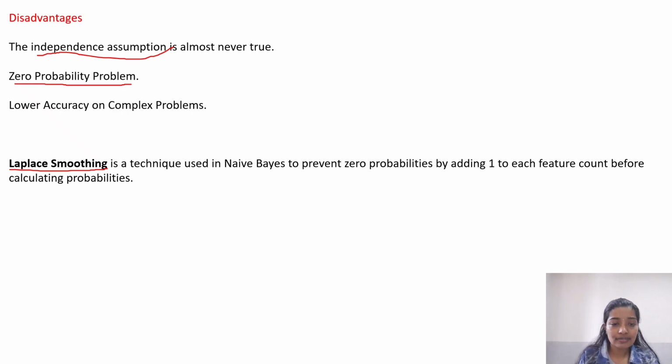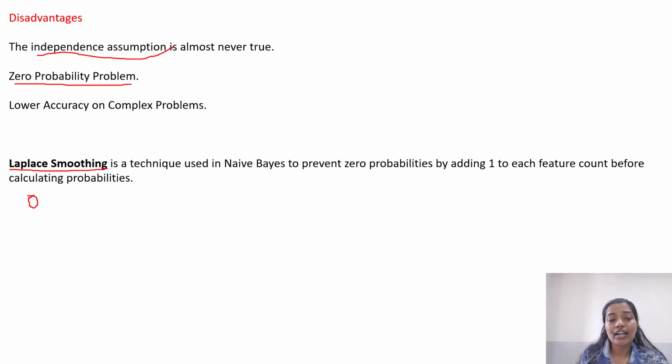So let us say in the example that we considered, it was study and pass or fail. Let us say a student studied but failed. There was no such case, right? So for that reason we will have zero here.